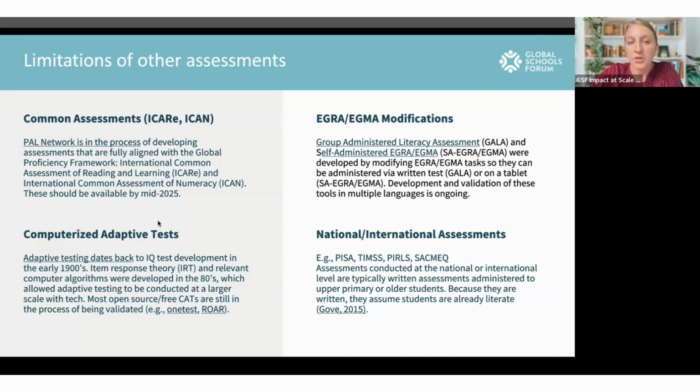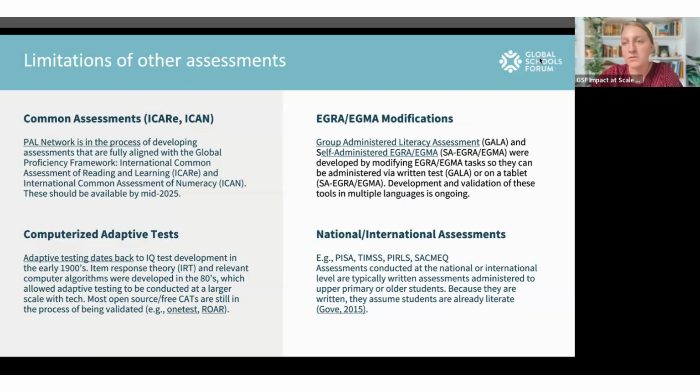There are also computerized adaptive tests where students sit at a computer or a tablet and they answer usually multiple choice questions, sometimes spelling questions, and then they get progressively easier or more difficult questions depending on their performance. For the most part, the computerized adaptive tests that are either free or open source haven't been validated yet.